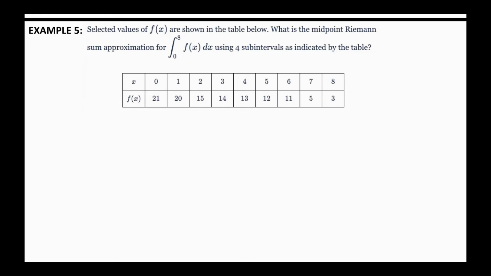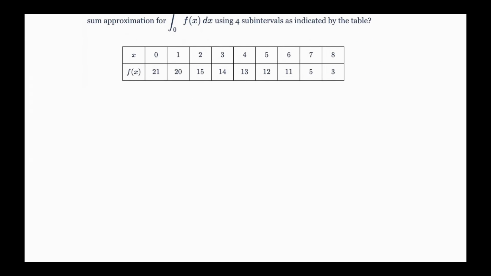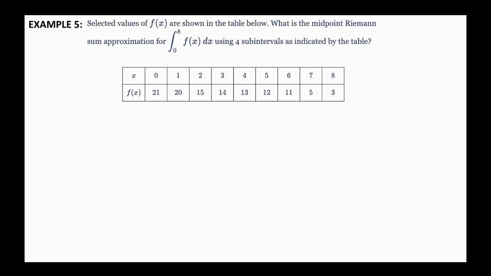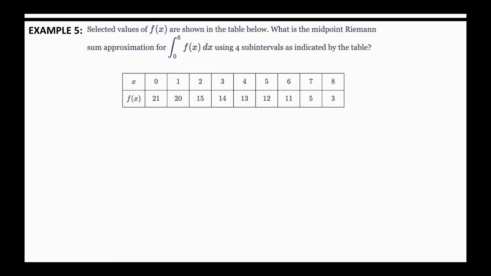We have to use 4 subintervals, as indicated by the table. These are all points on a graph. If you wanted to graph them, you could: 0, 21, 122, and so on, but we don't need to because it's essentially the same idea.